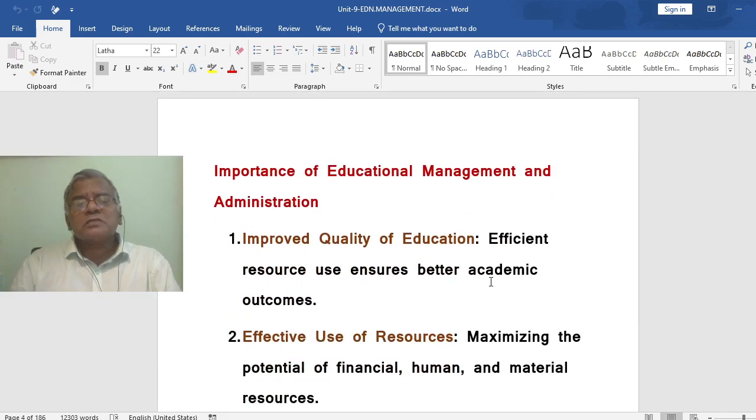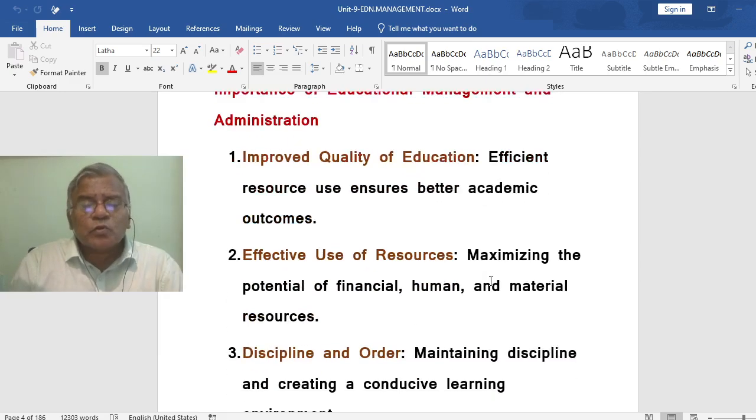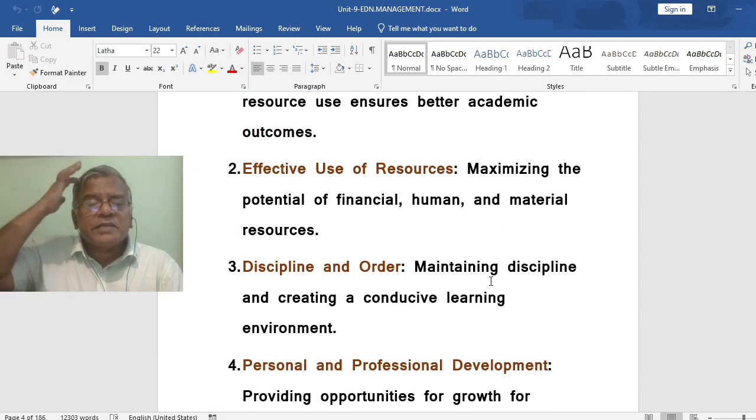What is the importance of educational management and administration? There will be improved quality of education because of educational management and administration. Efficient resource use ensures better academic outcomes. Then effective use of resources, maximizing the potential of financial, human and material resources.